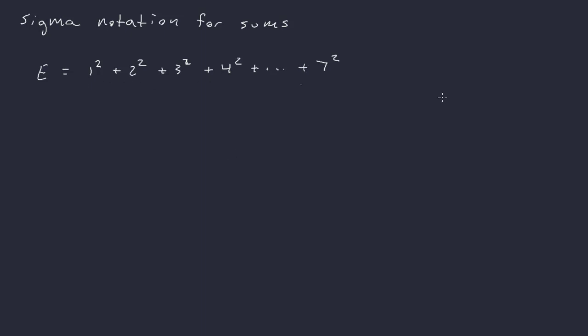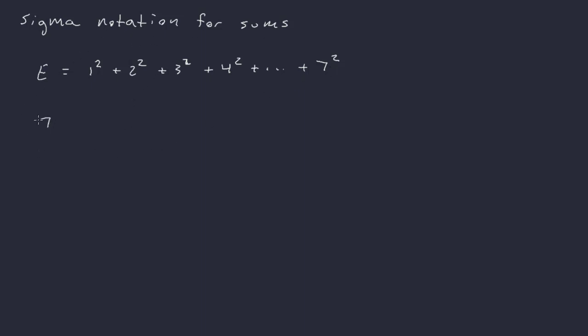Now if we were actually to write this all the way out, it gets kind of tedious, especially if it ends up being all the way out to like 100 squared. There are a lot of terms there. So we actually have notation in mathematics to describe this in a more efficient way, and that's called sigma notation.